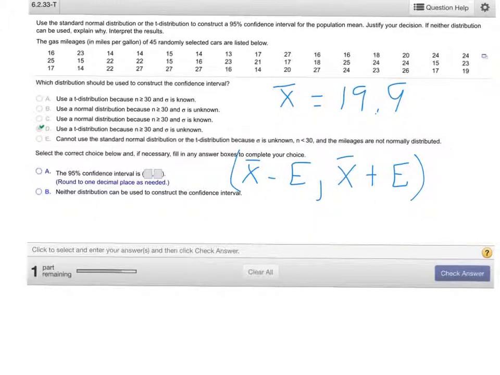You can look, and they've got the formula in the book. The margin of error, E, is t sub c times the sample standard deviation over the square root of n.